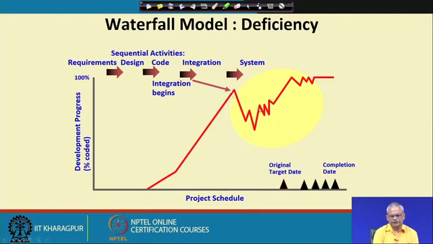This is a typical project scenario, and the problems start during integration testing, and the project starts getting delayed. The project manager announces the new delivery date, again has to change it, and so on. This is a typical problem of the waterfall model, late integration.